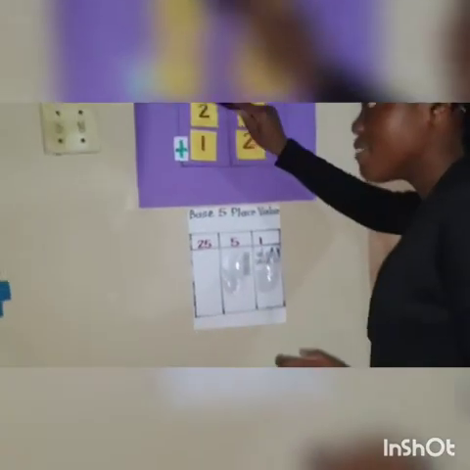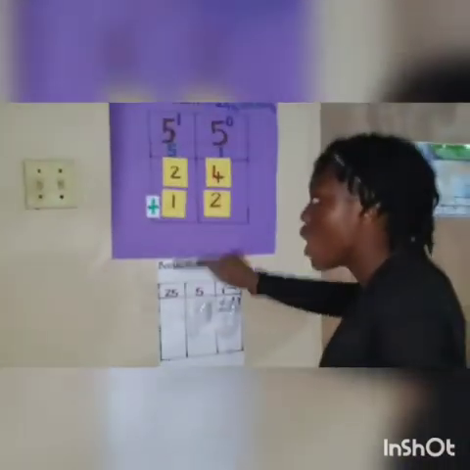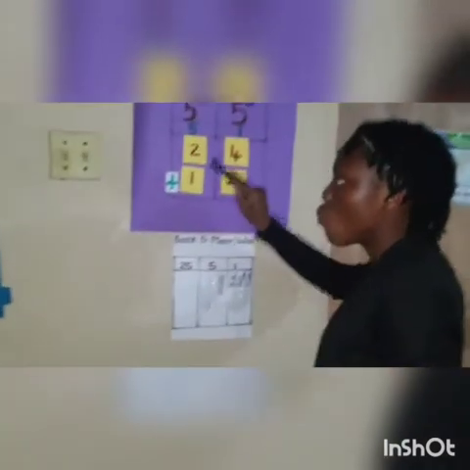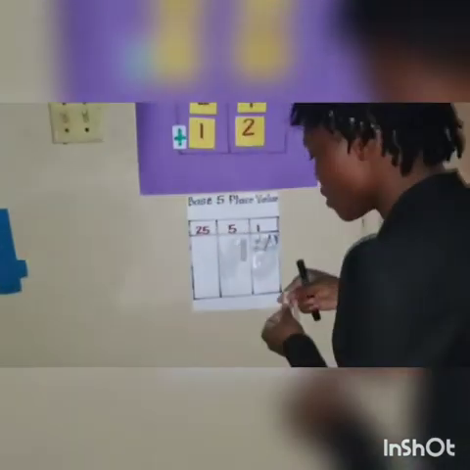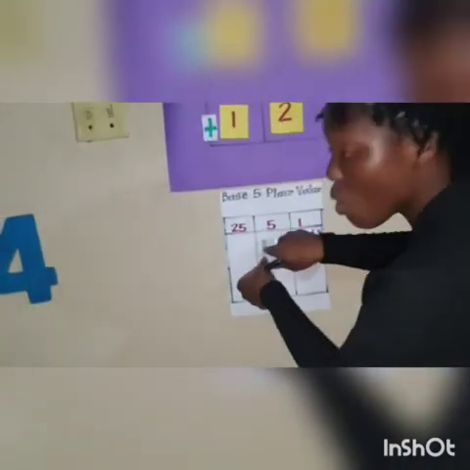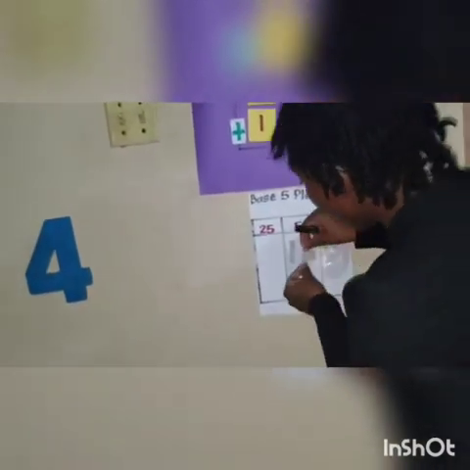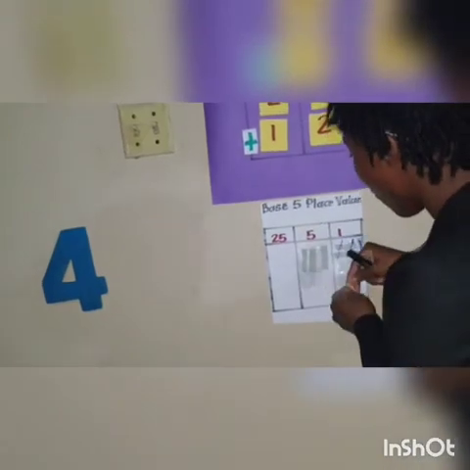Let's go up to the 5 column now and have the numbers. 2 plus 1 gives you 3. So let's put them on the chart. Count with me. 1, 2, 3.